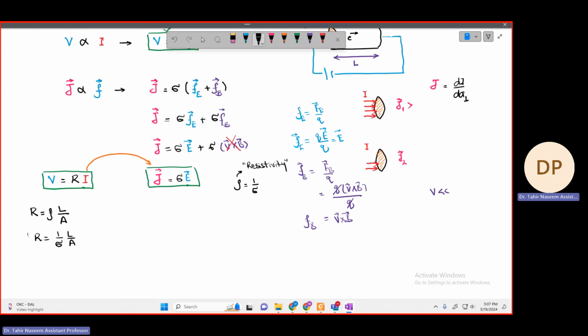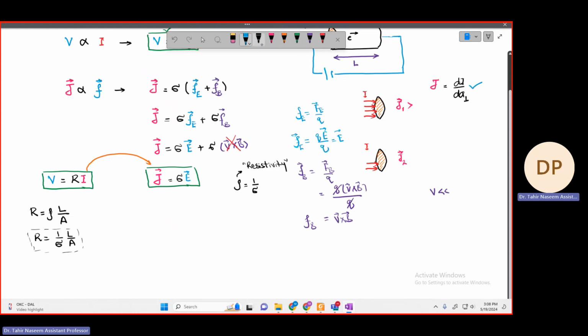So I have R now in form of sigma. Then I need to change I into J. So let me write I in the same color. How can I do that? Right here we have written our current density.